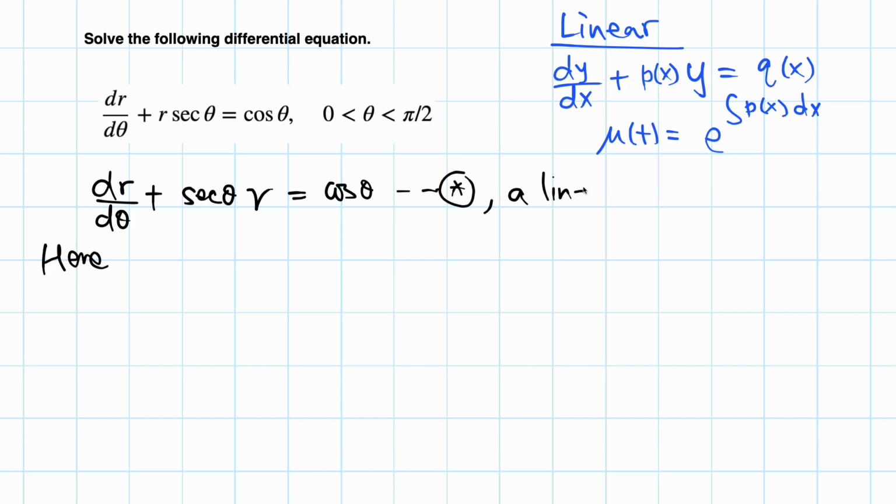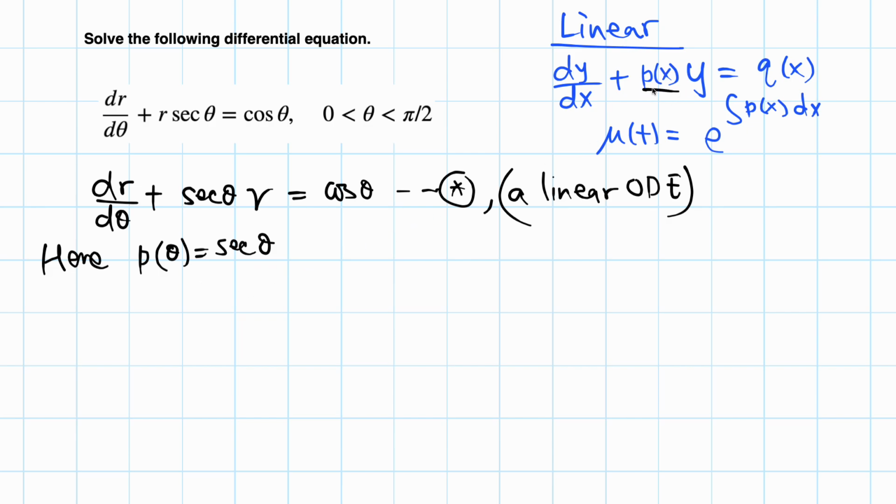A linear ODE with respect to r. r is the dependent variable, that's what we are trying to determine in this problem, solve for r. If we compare with the linear form, p of x here is secant theta.